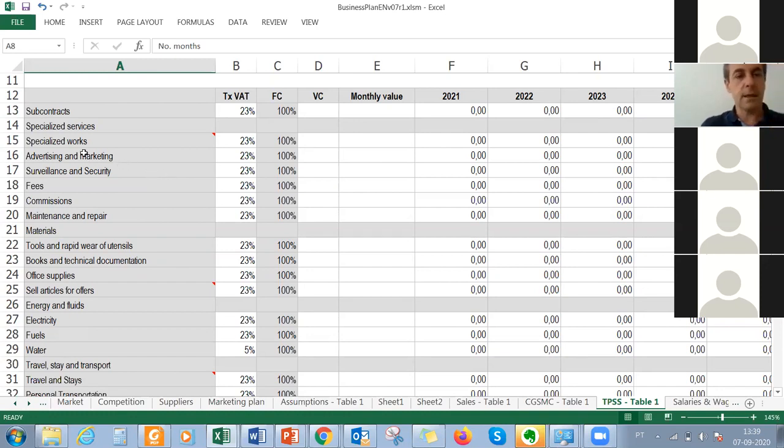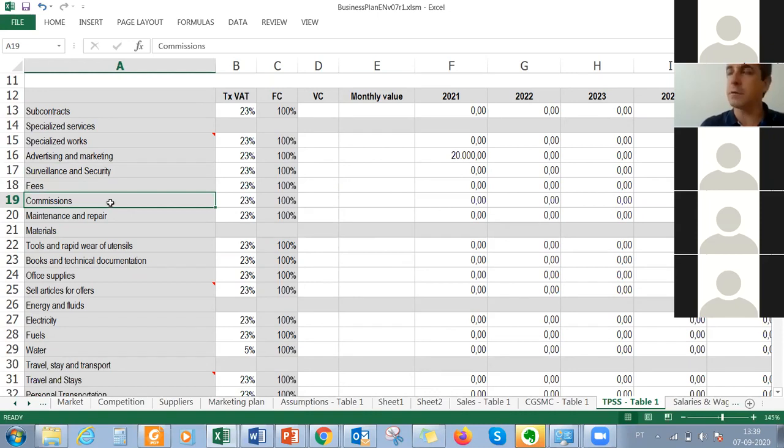For instance, advertising. Maybe advertising is important, and I will put a value: I will spend 20,000 euros in advertising. But maybe security and surveillance is not so relevant.